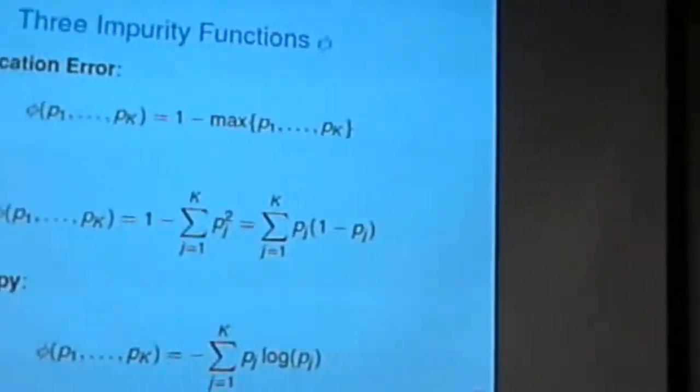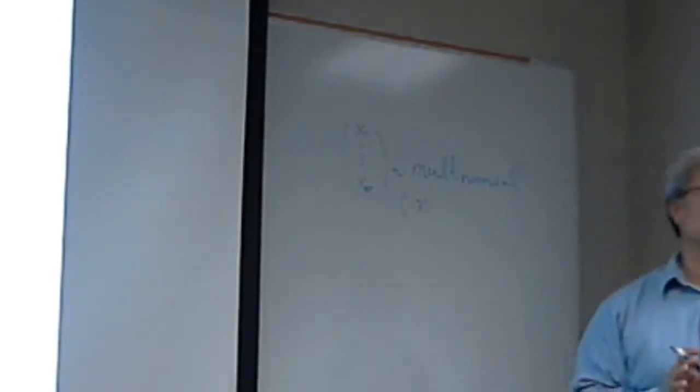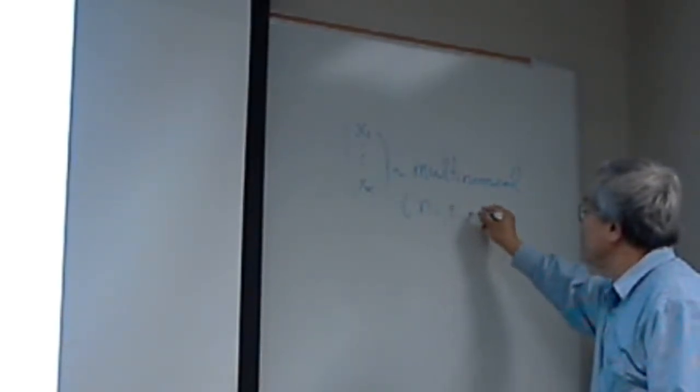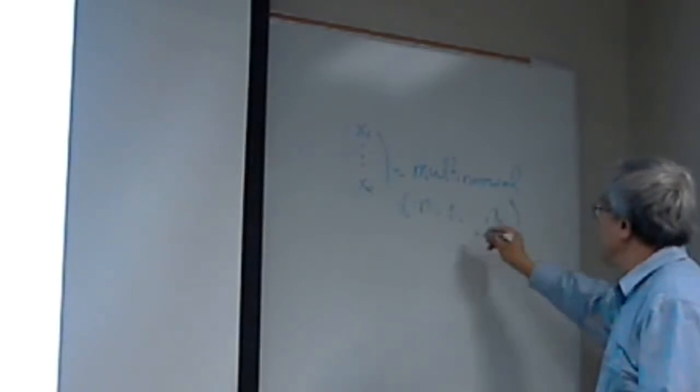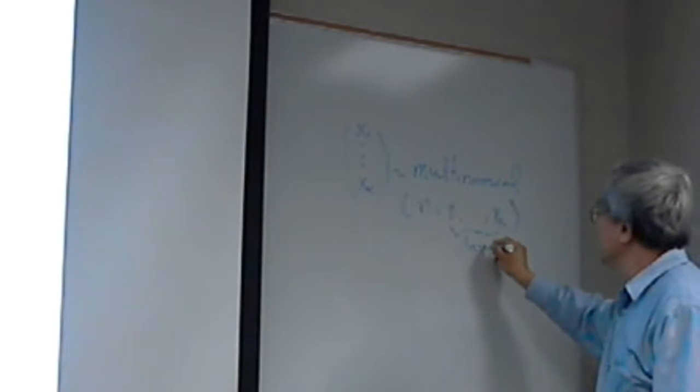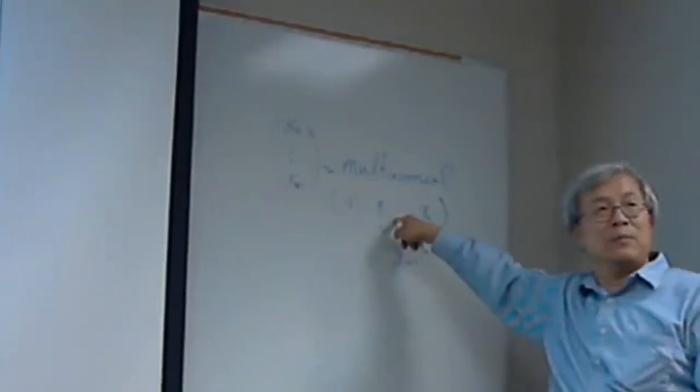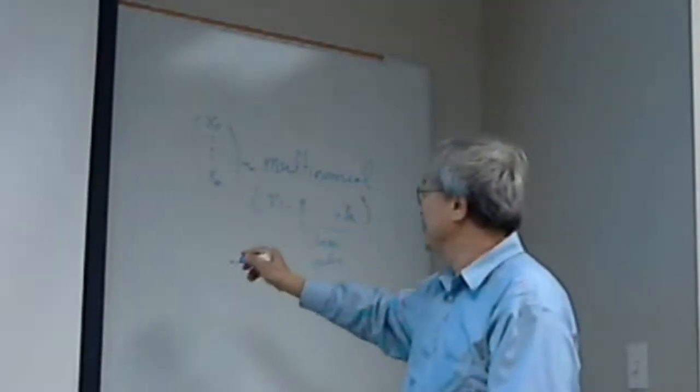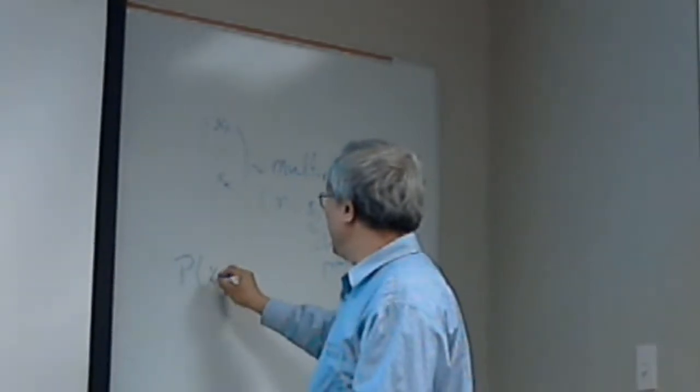if you have x1 to xk for a multinomial with n observations or n trials, and probability of success p1, these are basically our class probabilities. For any particular trial, the probability of observing class i is given by this class probability.